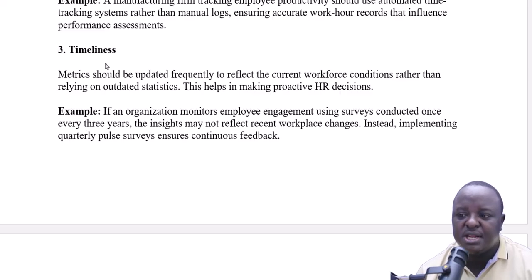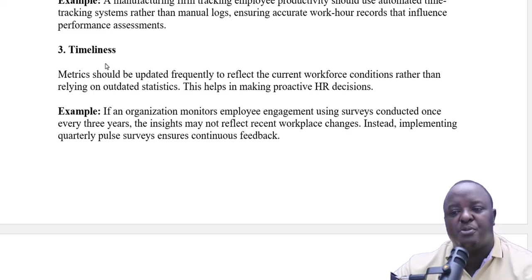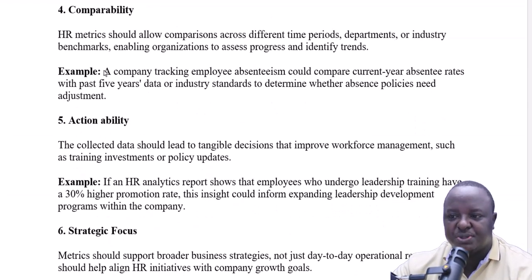So timeliness is that if we are able to be more engaging, to conduct meetings on a monthly basis, weekly if we can, or even daily, it becomes easier for employees to express themselves, which even motivates them, knowing that they have a platform to express their issues.